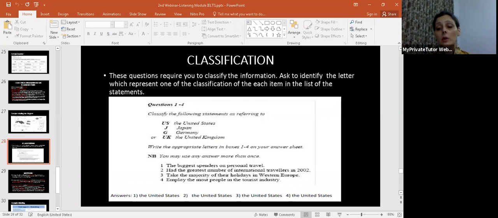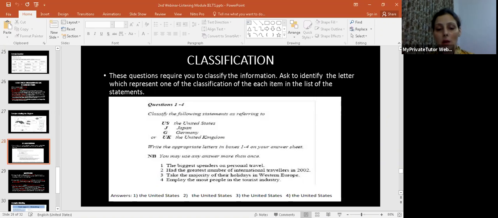Then come on to the classification. These questions require you to classify the information, asked to identify one of the classifications of each item in the list of statements. Have a look at the statements first. They are asking you to write the appropriate letters in boxes 1 to 4 on your answer sheet. Okay, on the answer sheet, we are going to 1, 2, 3, 4.